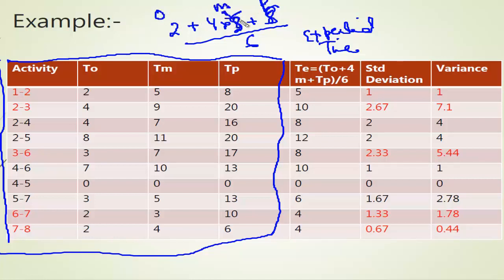So 5 into 4 is 20, 20 plus 8 plus 2 is 30, 30 by 6, that is going to be 5. So we get 5 here.